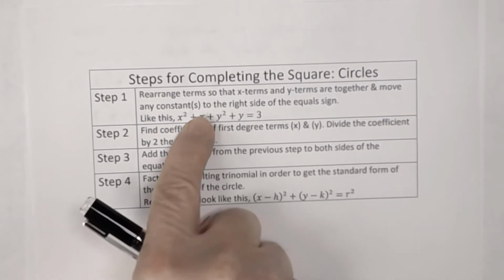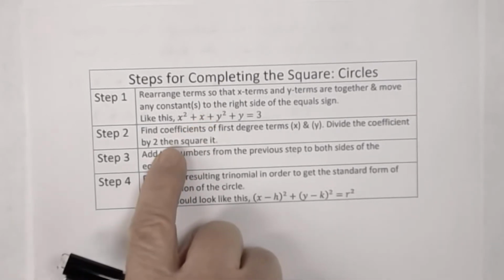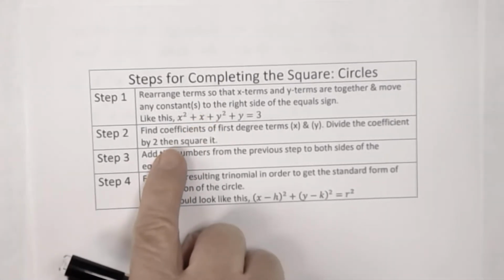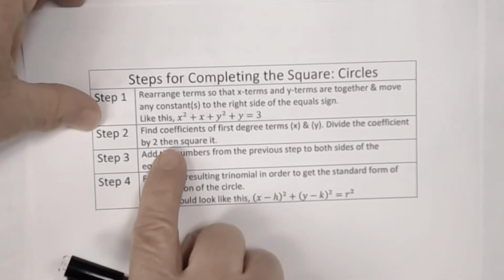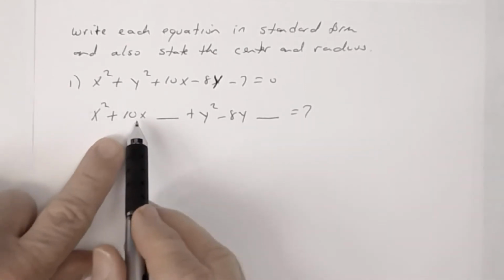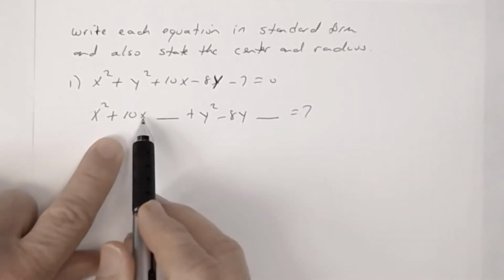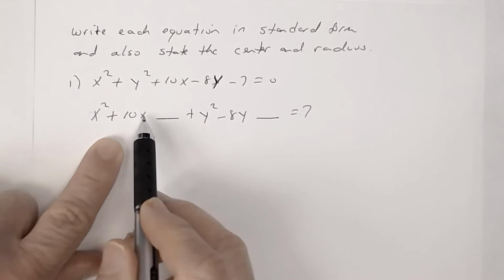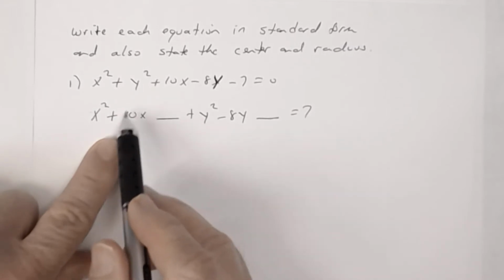That was step 1. Step 2, now listen carefully. Step 2, and if you go back to the process when we solve quadratic equations by completing the square, the idea is the same. You are now going to take the coefficient of the first degree term. Let's start with x. The first degree term means that the exponent's 1, x to the first power. It is 10.